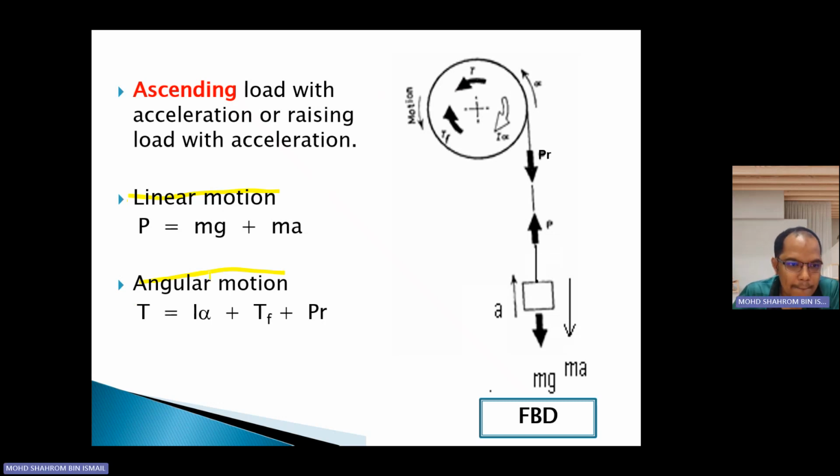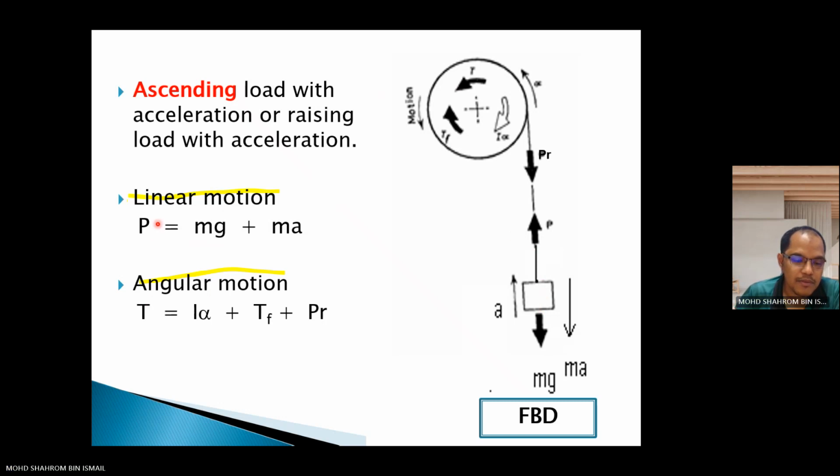Just to recap, as we know, for the linear motion, the equation is written in this arrangement, where P is equal to mg plus ma. What does it mean by P? P is the load that acting upward, against the weight of the mass that's going to be lift up.